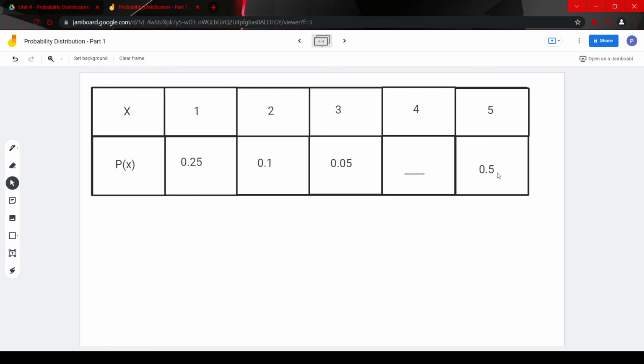All right, so if we add these up, that's 0.75, 0.85, 0.9. This box should be 0.1. And we can check by adding these all up: that's 0.2, 0.25, 0.5, 1.